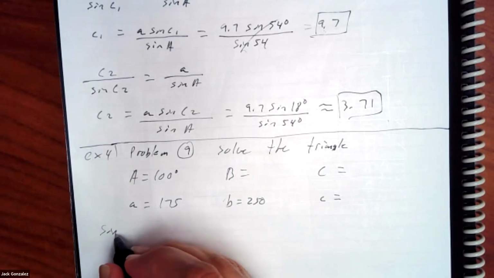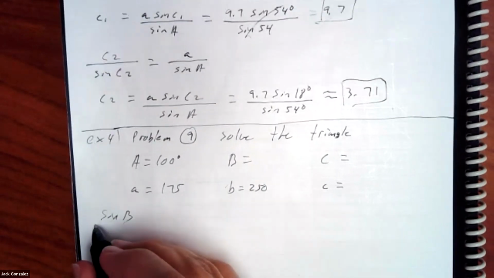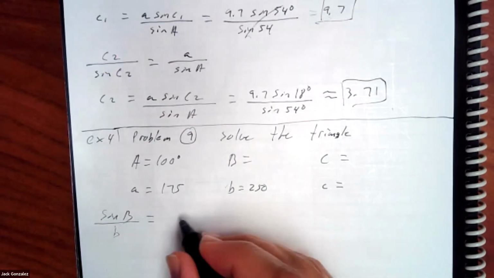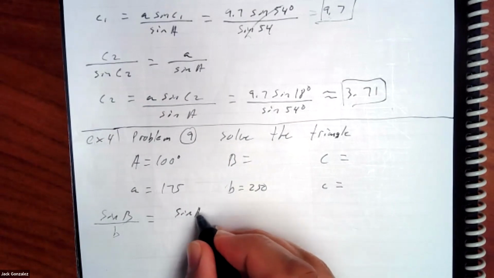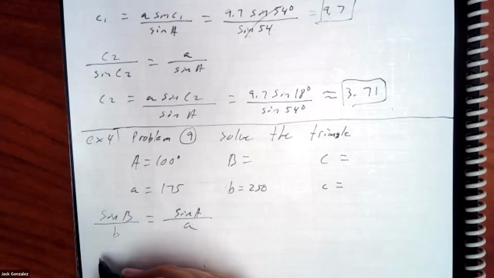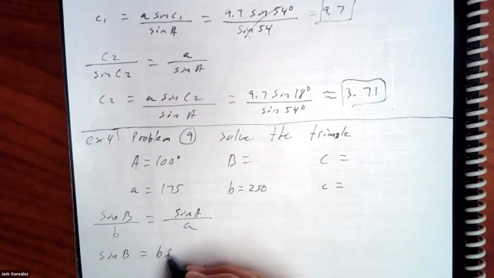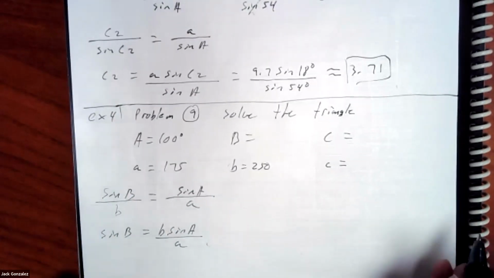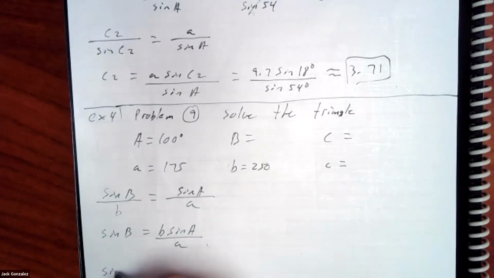So that's why I set it up like this. Sine B over b equals sine A over a. Solve for sine B. Sine inverse of both sides.